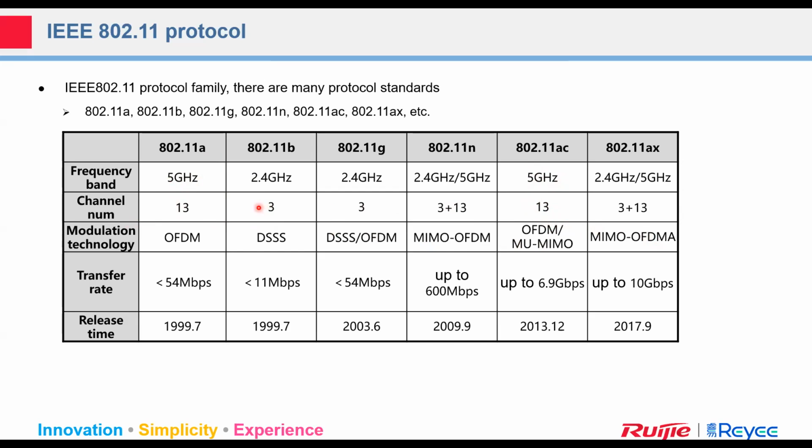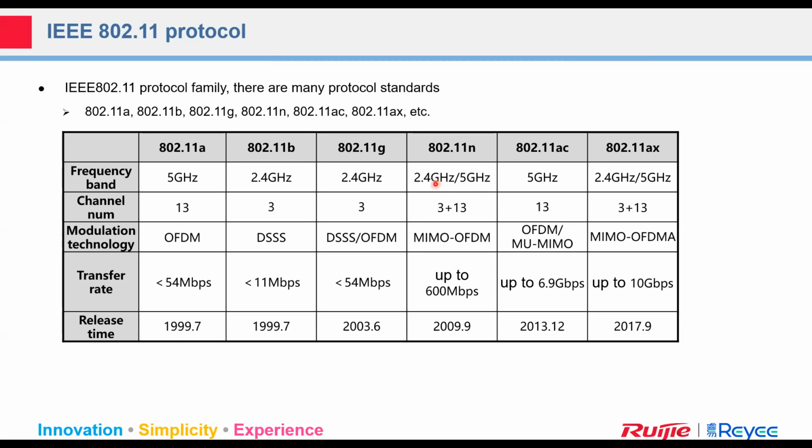The protocols which only have 2.4 gigahertz are 11b and 11g, and the channel number is only 3. We do have two protocol families which have a combination of two frequency bands, 2.4 gigahertz and 5 gigahertz.